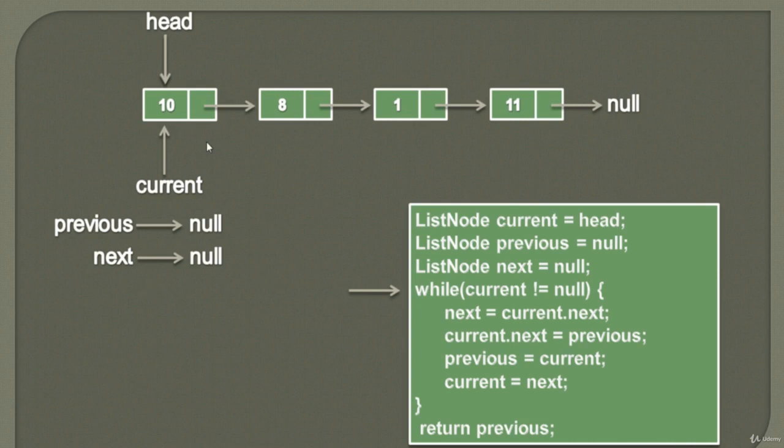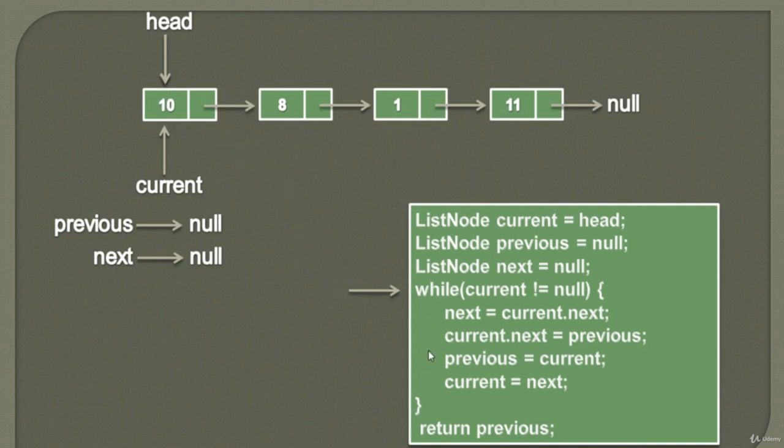So the basic idea of this algorithm is to traverse each node one by one and apply some logic to reverse the position of the nodes. So in order to traverse each node one by one, we'll apply a while loop, and in while loop we'll place a condition that till current becomes null, we'll iterate this while loop. So here we'll see this current points to first node and it's not null.